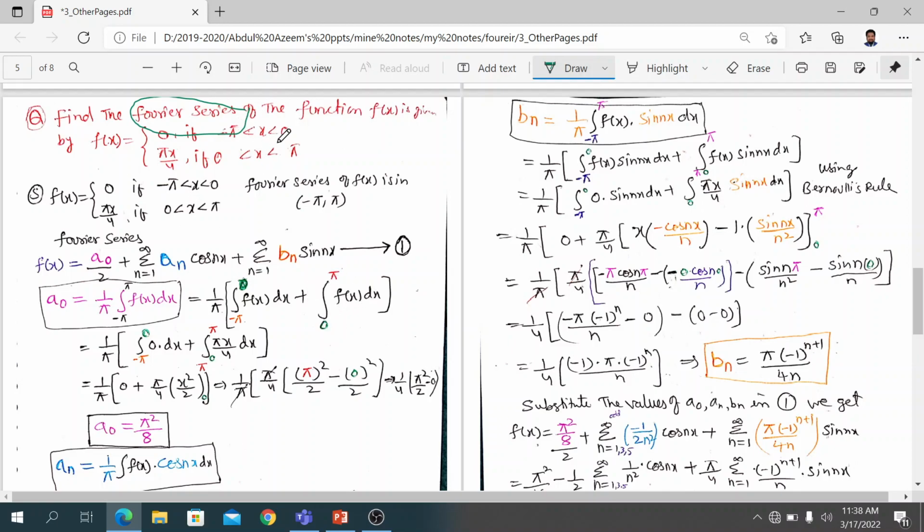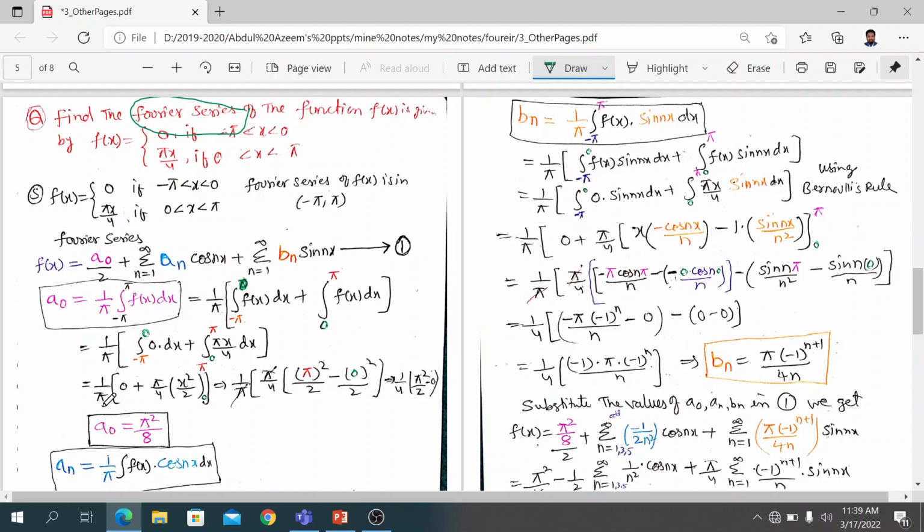Here, minus pi to 0, then 0 to pi. In minus pi to 0, f of x is 0, plus 0 to pi where f of x is pi x by 4. Pi by 4 is a constant, outside, and the integration of x is x square by 2, limit 0 to pi.